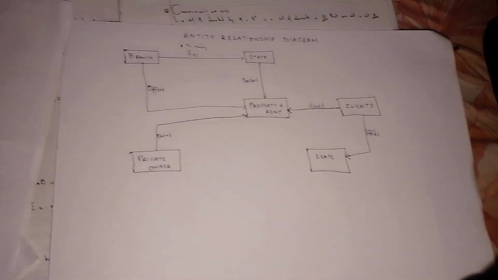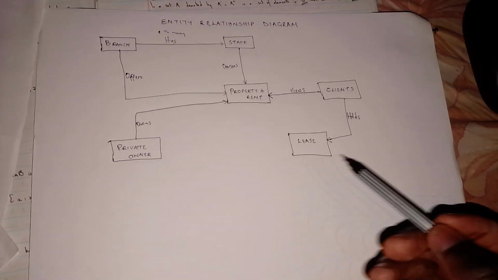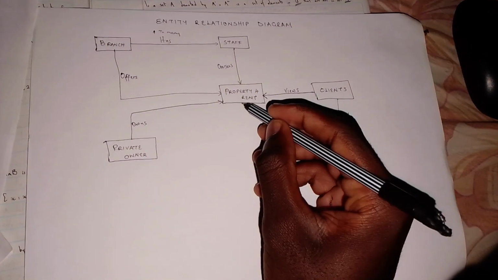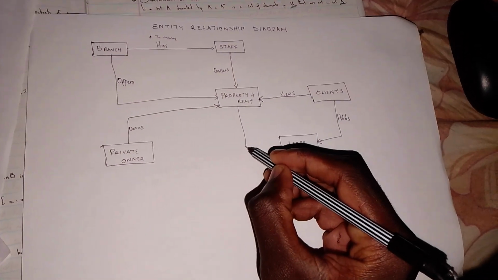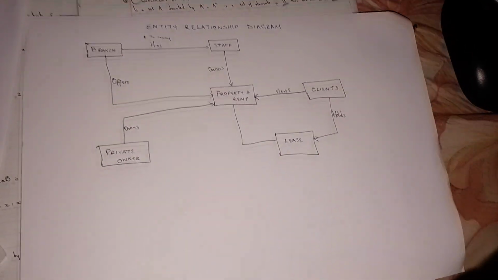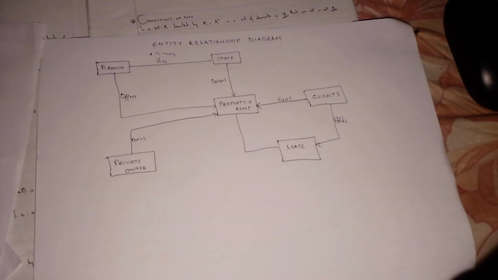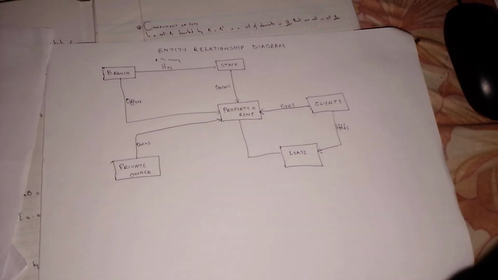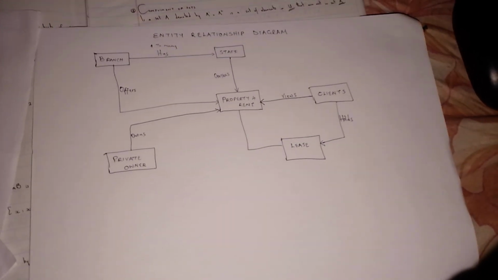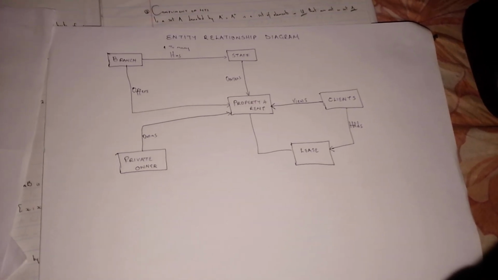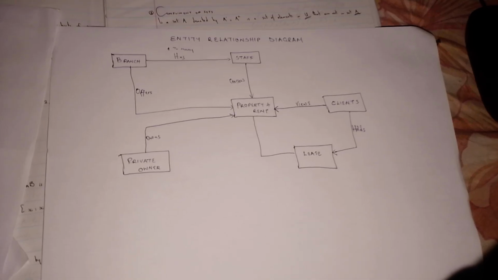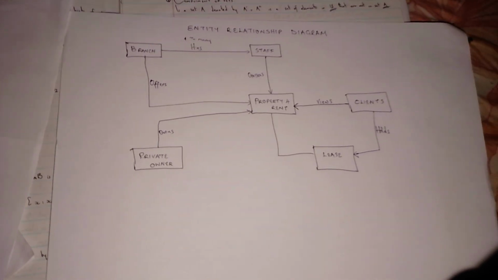Then we also look at the properties being connected to the lease. How does the property connect to the lease? A property can have many leases over time, but each lease is for one property.